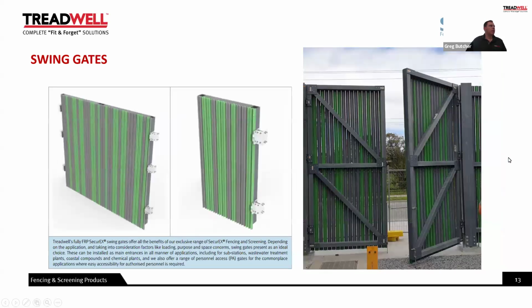We also do a full range of swing gates. As you can see, these are palisade swing gates here. A completely composite structure with some metallic componentry, and it completely removes the electrical conductivity factor in the design piece here in this rail corridor.